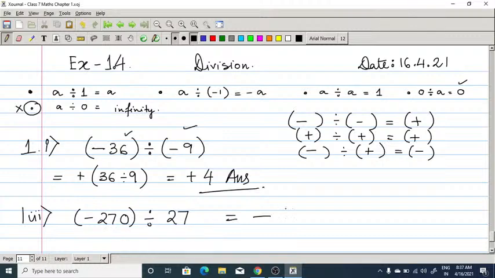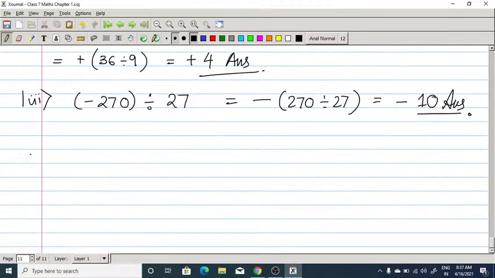Then you do the division with the magnitudes. You can understand very well that this will be minus 10. Similarly, subpart 4 will be minus 1. I will do subpart 5 with you. 0 divided by minus 17. So this will be 0.